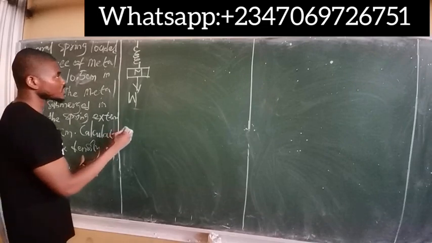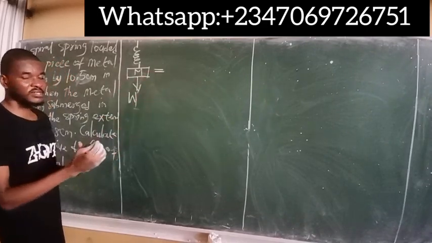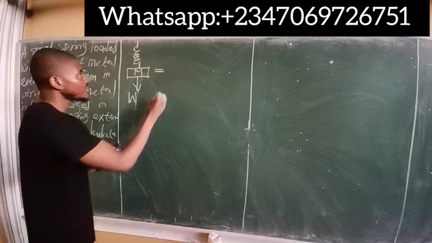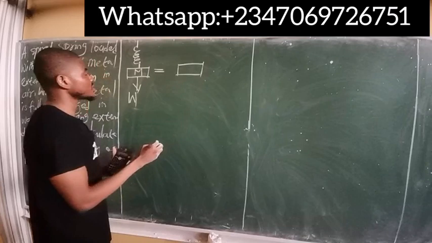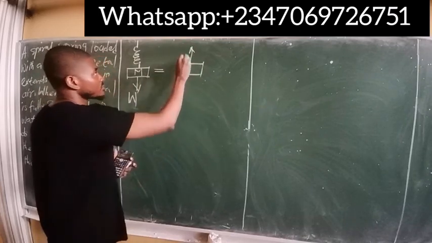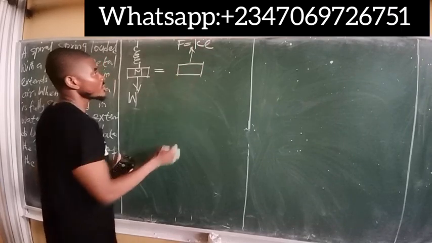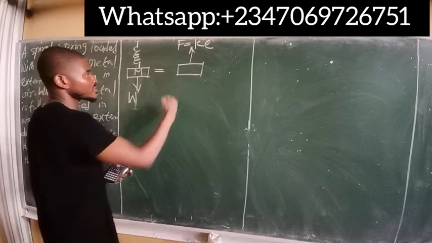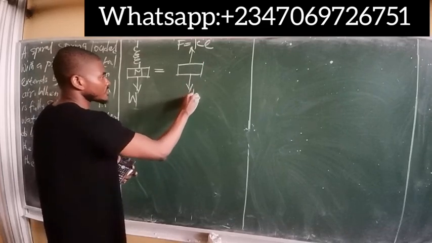Now, if we do a force system or a free body diagram of this system, we are simply going to have this. This is the mass, and of course the spring force will act upwards, and that spring force is simply given as F equal to Ke, where e is the extension, k is the force constant, then the weight of this object will act vertically downwards.